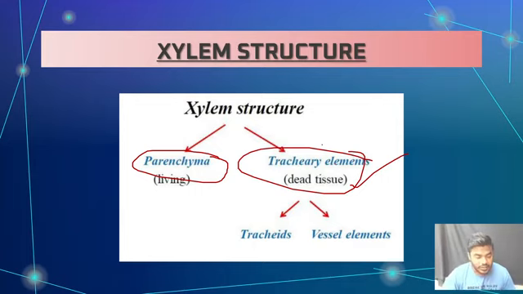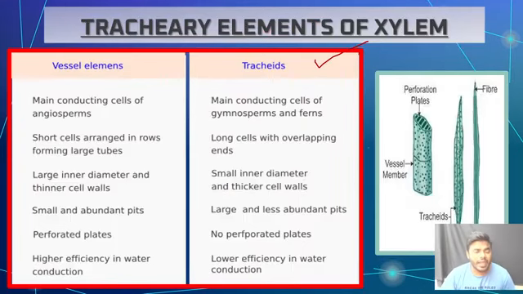So through that space, all the water molecules can easily flow. So friends, these tracheary elements are broadly categorized into tracheids and vessel elements. Kindly don't forget. And I hope you all remember, friends, among the vessel elements and the tracheids, which shows the lower efficiency in water conduction?